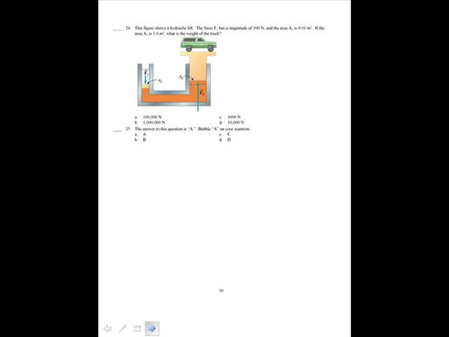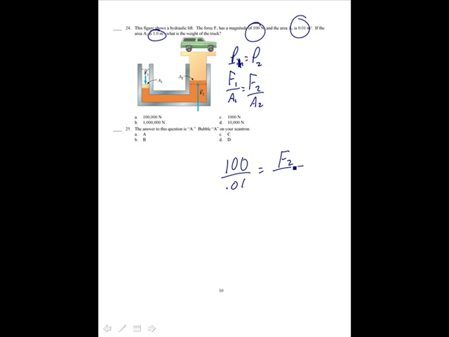This figure shows a hydraulic lift. The force F1 has a magnitude of 100 newtons, and the area A1 is 0.01. If the area A2 is 1 meter squared, what is the weight of the truck? Alright, P1 is equal to P2. That is F1 over A1 equals F2 over A2. F1 is 100 over 0.01, and that's equal to some force, which is the weight of the truck, over 1.